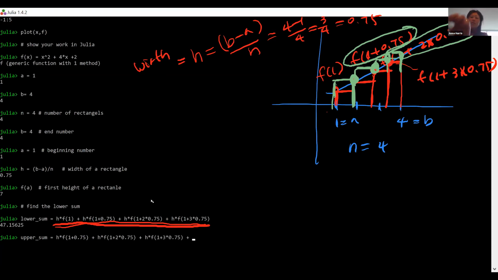Okay, the last one is the one we haven't figured out yet, which is right here. That is the same as f of 1 plus 4 times 3/4, which is the same as f of 2, that's your last number, the ending number.